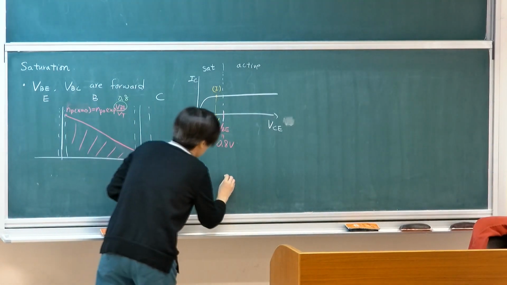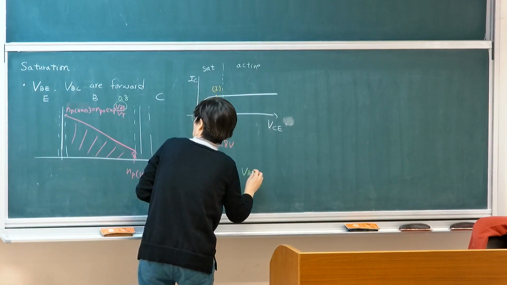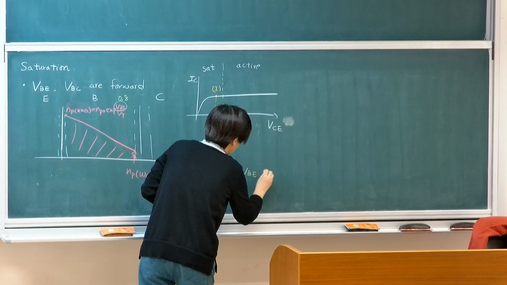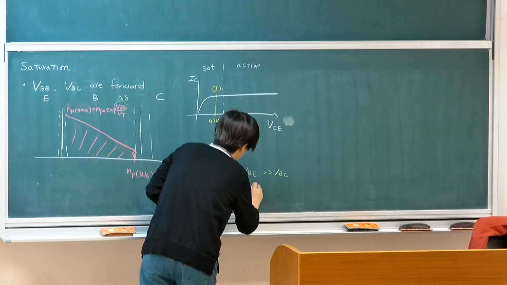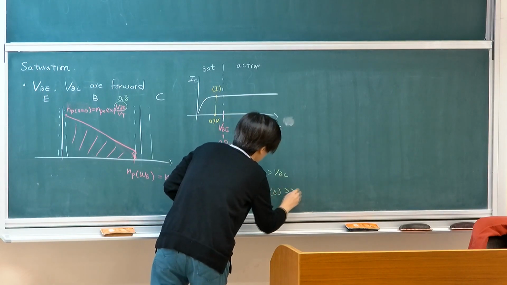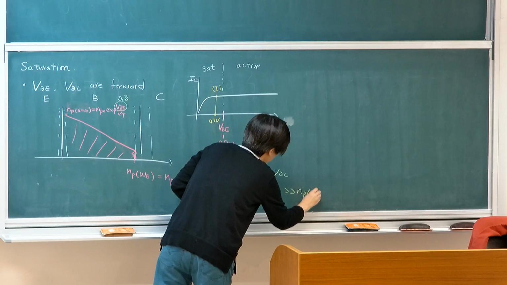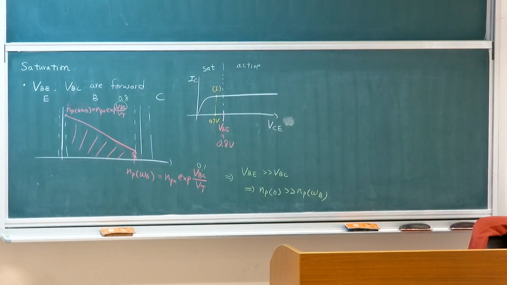So this will then lead to something, if VBE is still larger than VBC, NP0 is still larger than NP at WB. Now, as you say, you don't actually see the raise when it happens.